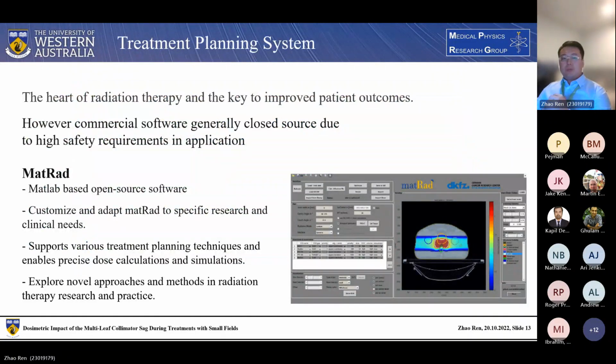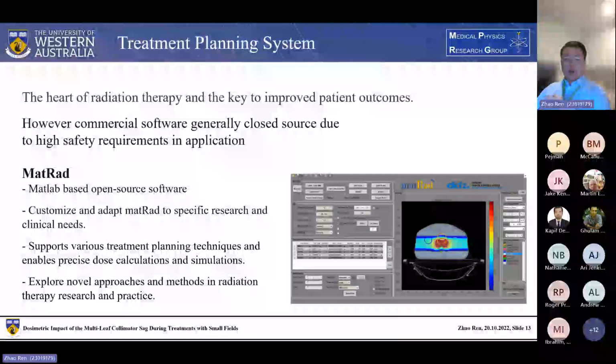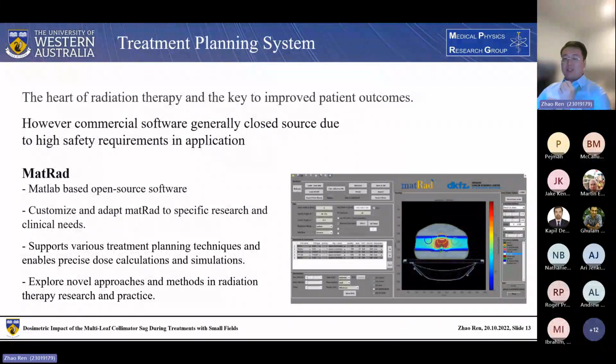Before I start with my project methodology, I will introduce the treatment planning system used in this project. The treatment planning system is the heart of radiation therapy and the key to improving patient outcomes. However, commercial software is generally closed source due to high safety requirements in application. So in this project, we will use MatRad.